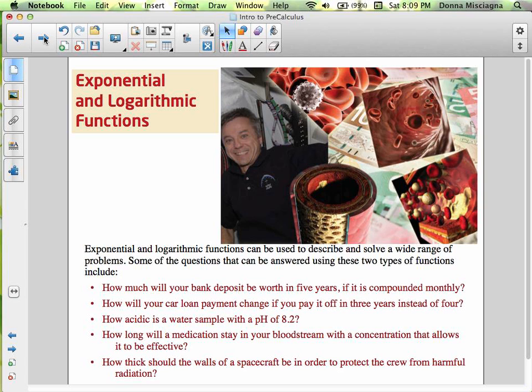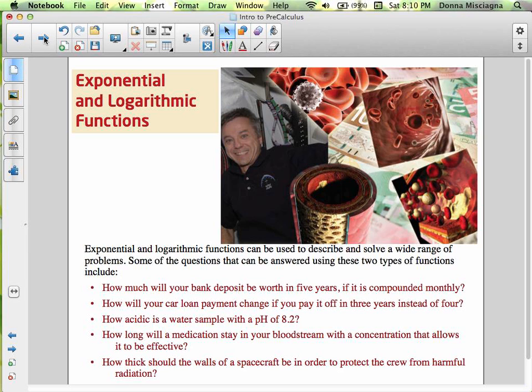Exponential and logarithmic functions. Exponential and logarithmic functions can be used to describe and solve a wide range of problems. Some of the questions that can be answered using these 2 types of functions include: how much will your bank deposit be worth in 5 years if it's compounded monthly? How will your car loan payment change if you pay it off in 3 years instead of 4? How acidic is the water sample with a pH of 8.2?